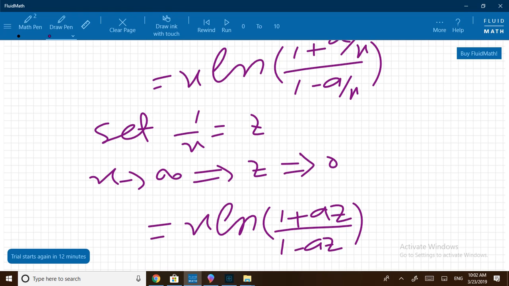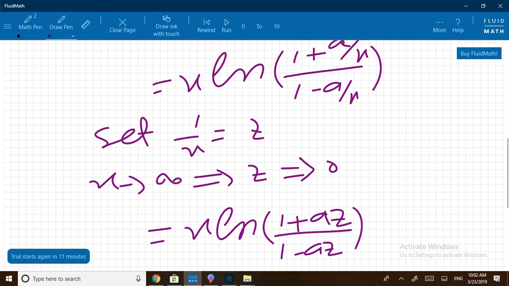Okay, now we can write natural log of, so that means x is equal to 1 over z. So when we convert it into z, it will be 1 over z.